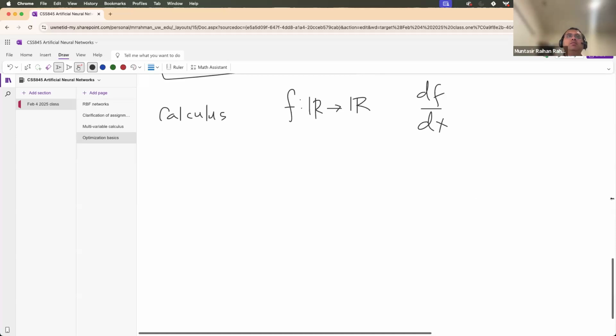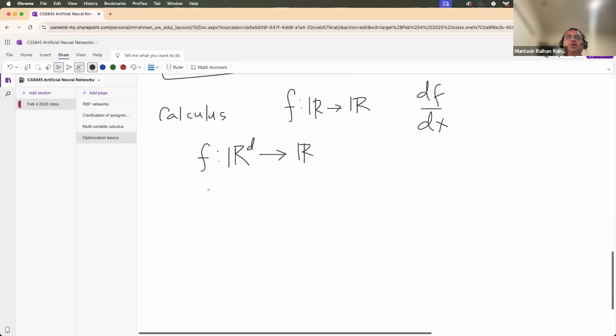Things get more interesting when we have functions like this. Let's say we have a function from a d-dimensional space to a scalar value.